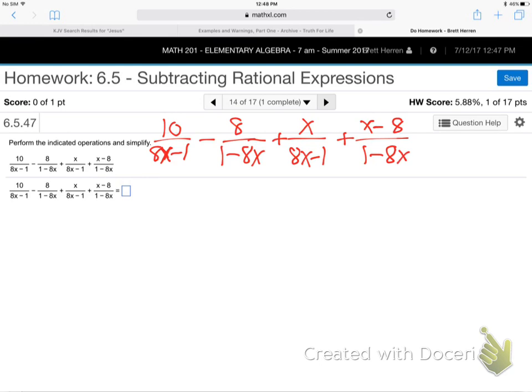Okay. All right. I'll let you go at it there. So give that a try. You've got to make the denominators all match. Got to do some turning around and stuff there, it looks like.